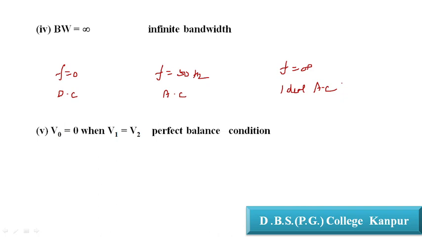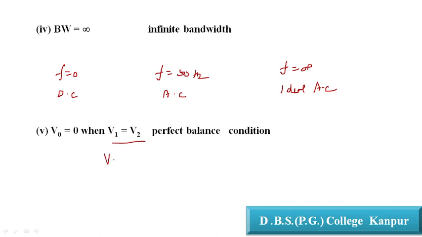Now the fifth property is perfect balance. Perfect balance means that if the voltages of the inverting and non-inverting terminals are the same, then it is a perfect balance.